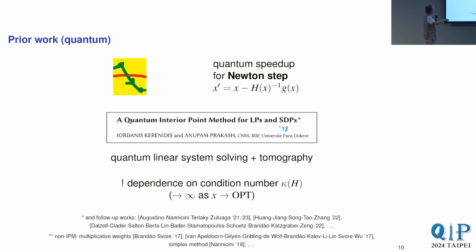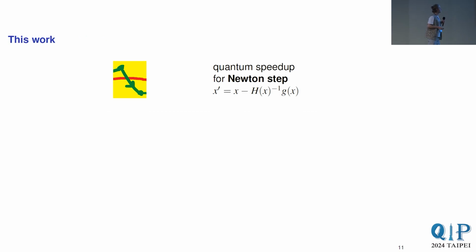So as x goes to the optimizer, this condition number blows up, and all these methods depend on the condition number. These methods based on interior point methods, that's a bit unfortunate because that means these methods are incomparable to the classical methods, and it's very hard to bound this condition number, right? So I would say that one of the main contributions of our work is that we avoid this dependence on condition number.